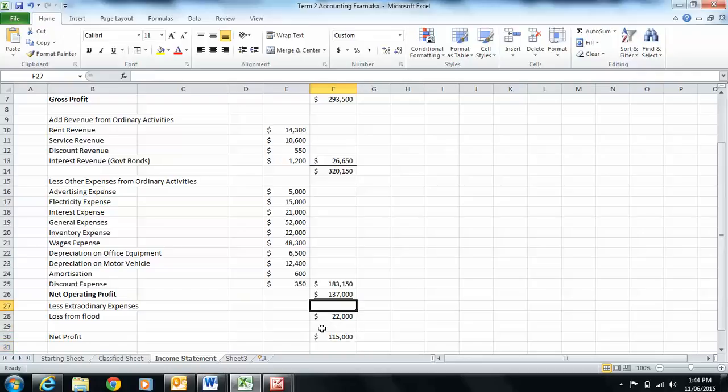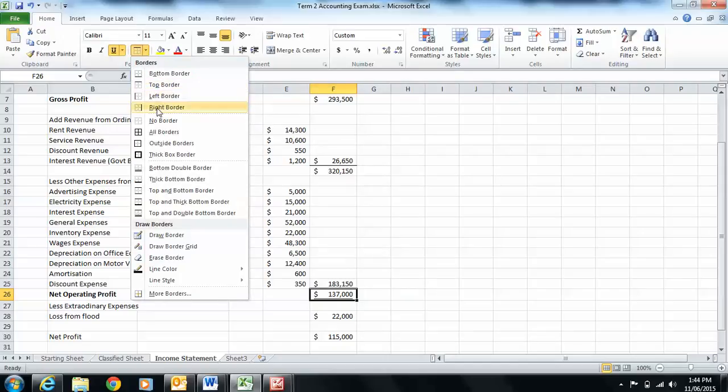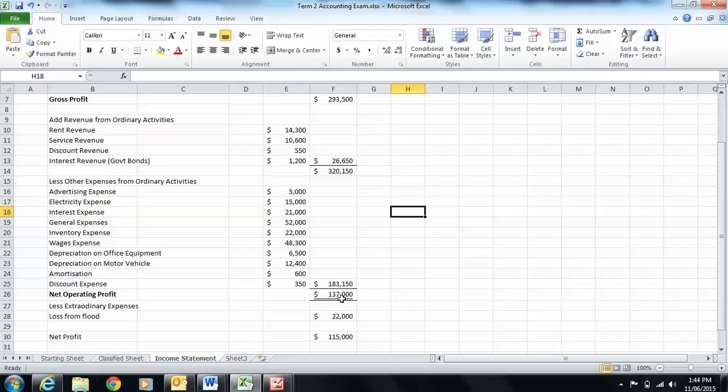So just going through that, we added those up to 183, took that away, loss from flood is 22, and our net profit then goes to $115,000. And that's the end of our third step.